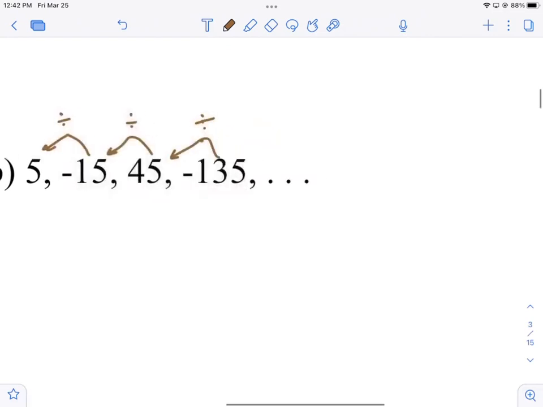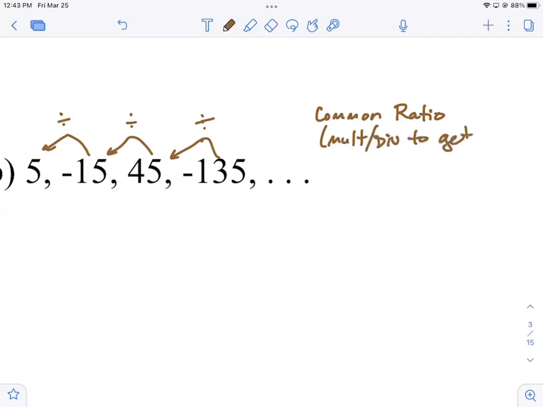So we call this, these have a common, we call it a common ratio. You multiply or divide to get the next term. So instead of a common difference, there's a common ratio. We call these geometric sequences.